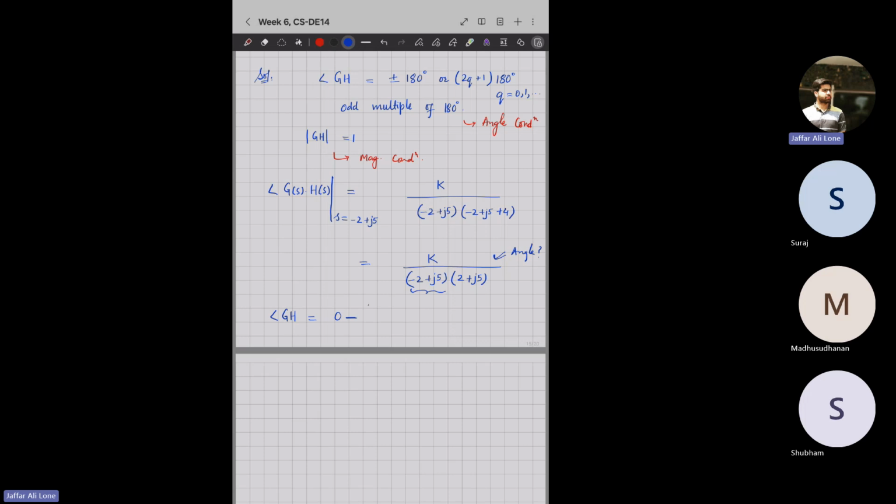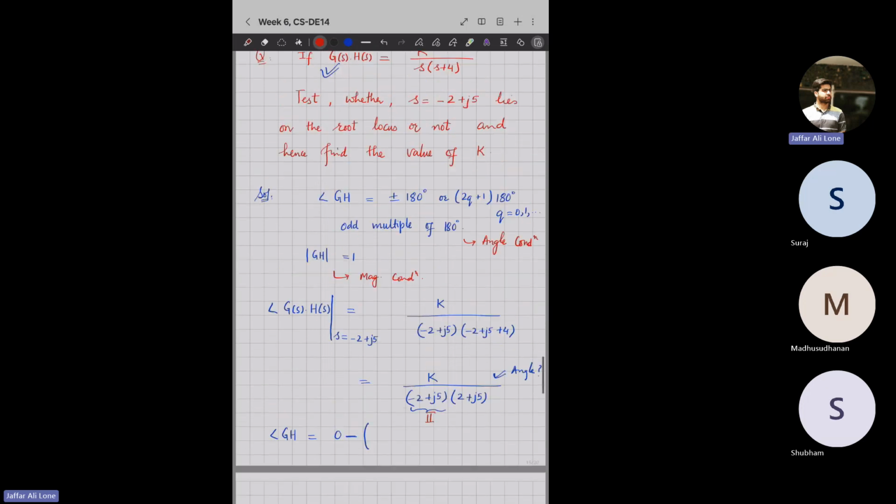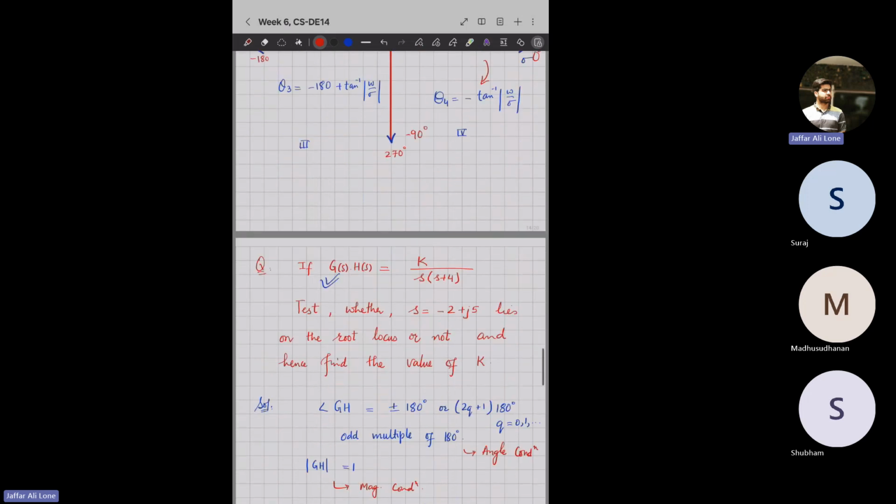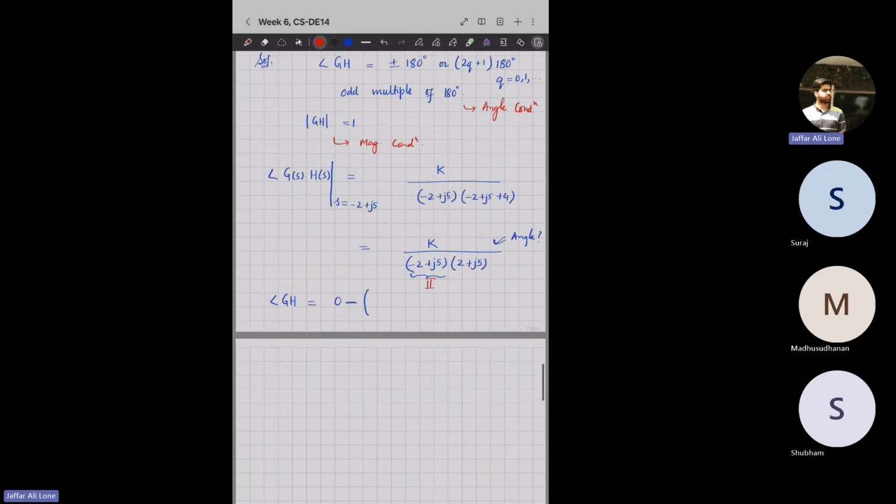This point is in the second quadrant. We have minus sigma and plus j omega, so we can directly write the angle as 180 degrees minus tan inverse of omega by sigma, that is 5 by 2.